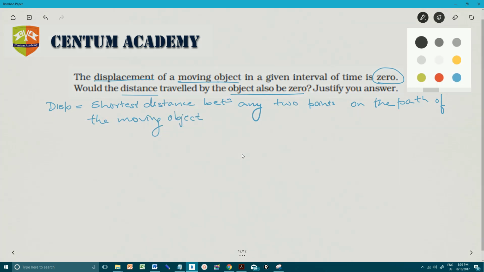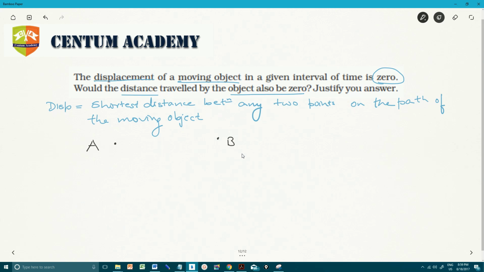So let's say this was point A and this is point B. If you draw the shortest distance, the line between A and B, this distance is called displacement, right? And its SI unit is meters, you all know.